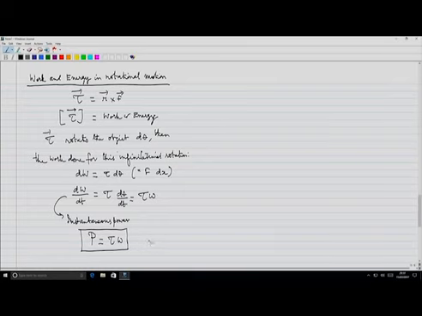Power is equal to, if I differentiate, d by dt of the work, it will be f into v.